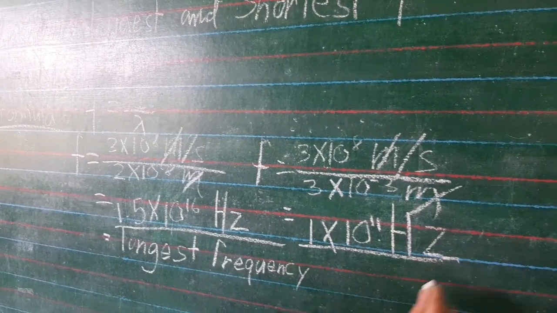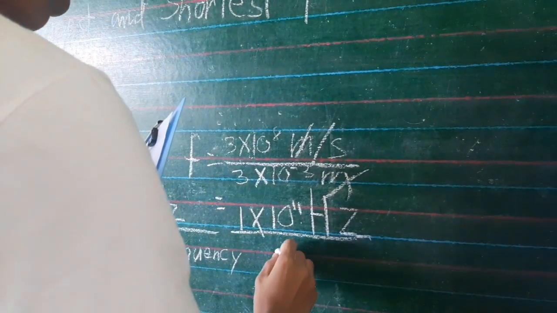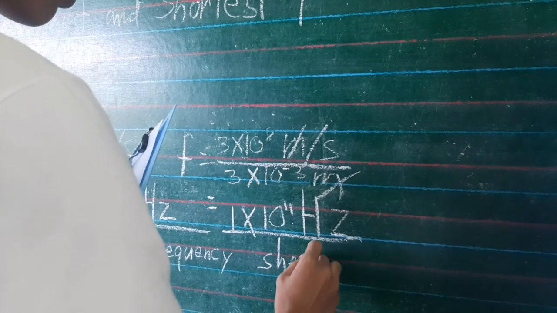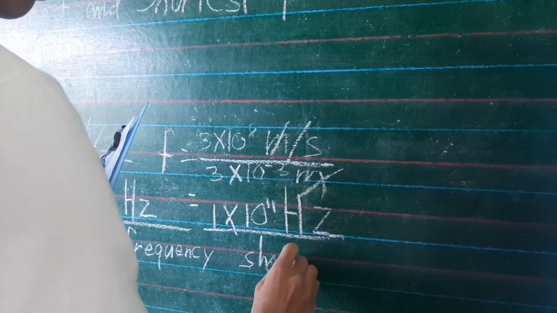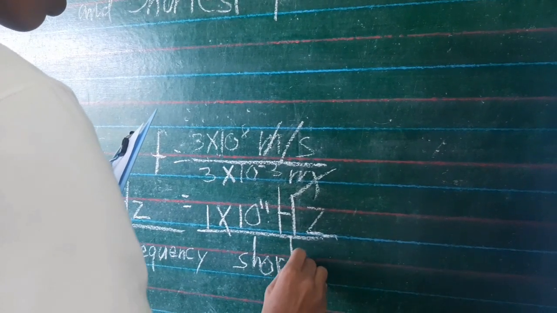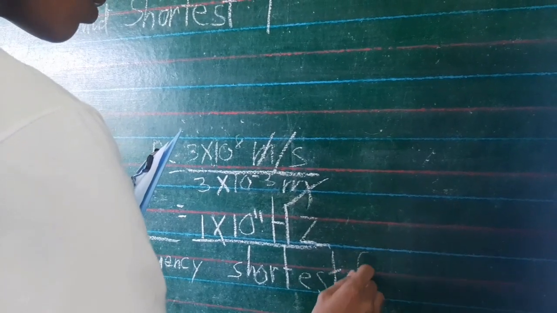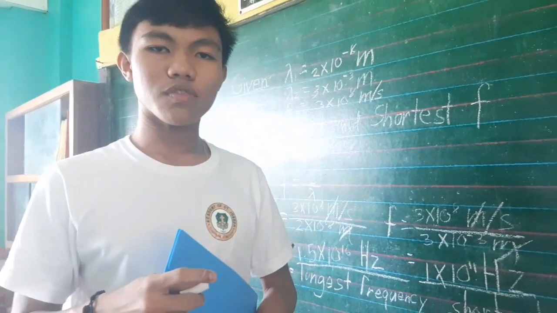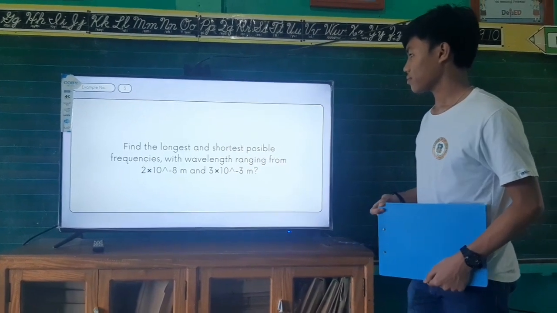And 1 times 10 raised to 11 hertz will be the shortest frequency. Now that we've answered this equation, let's move on to the fourth example.